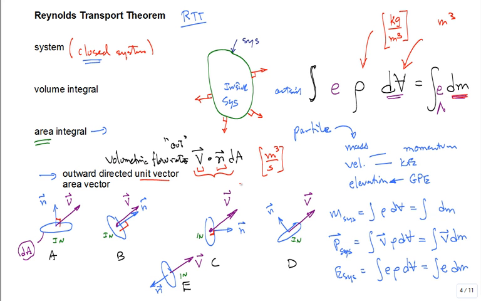Sure. And so now that we have this idea of a flow rate going out, to get the net flow rate out, we do a summation. The summation is an area integral. The simplest area integral is V dot n dA over all of the area. Just like you have to integrate over all the volume, you have to integrate over all the area. True? I left a little room in here.